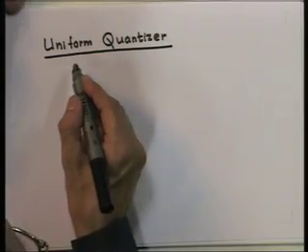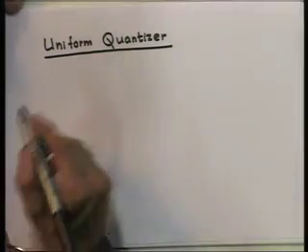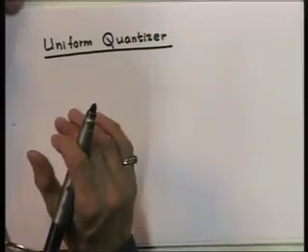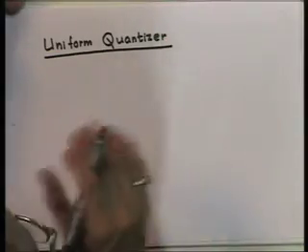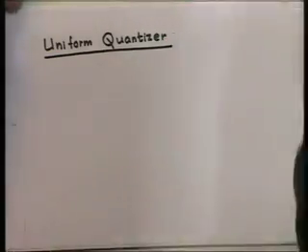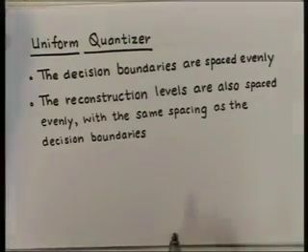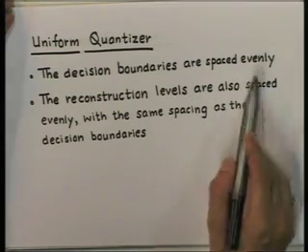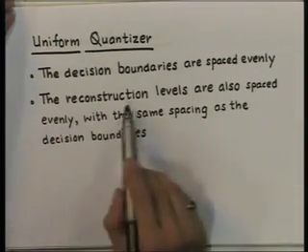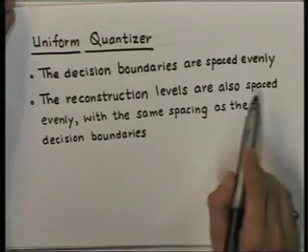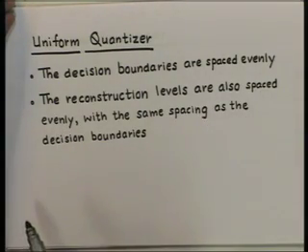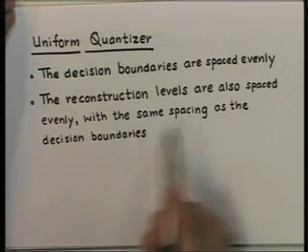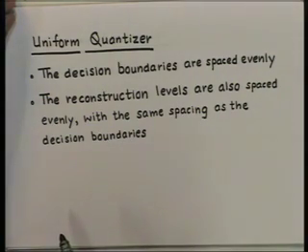All intervals in uniform quantizers are of the same size except possibly for the two outer intervals. So, a uniform quantizer has the following properties. The decision boundaries are spaced evenly, and the reconstruction levels are also spaced evenly with the same spacing as the decision boundaries.